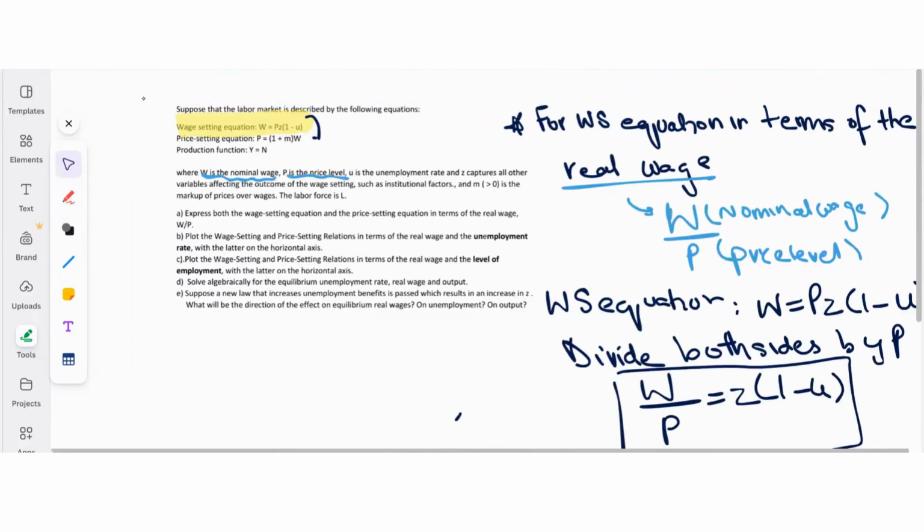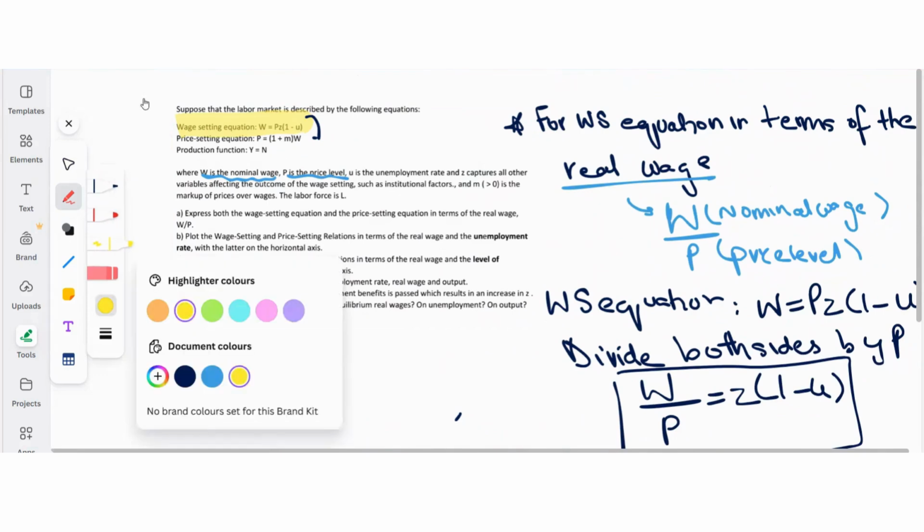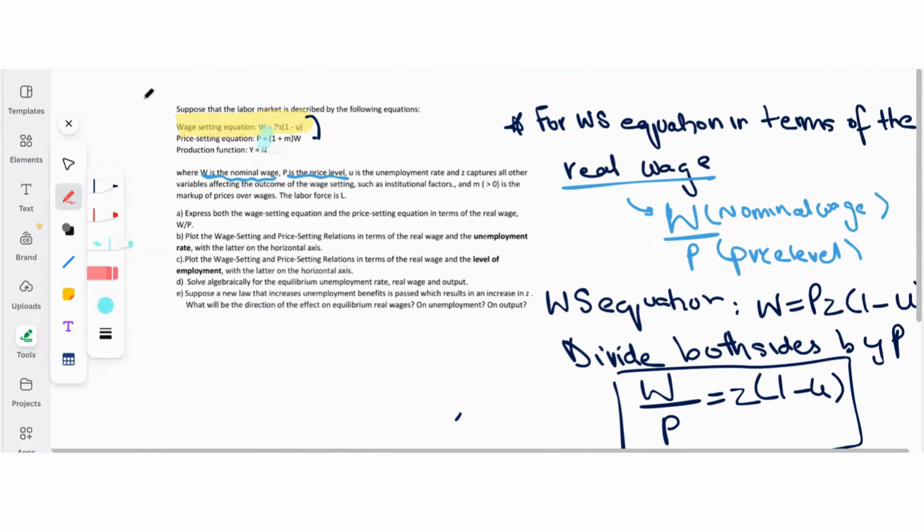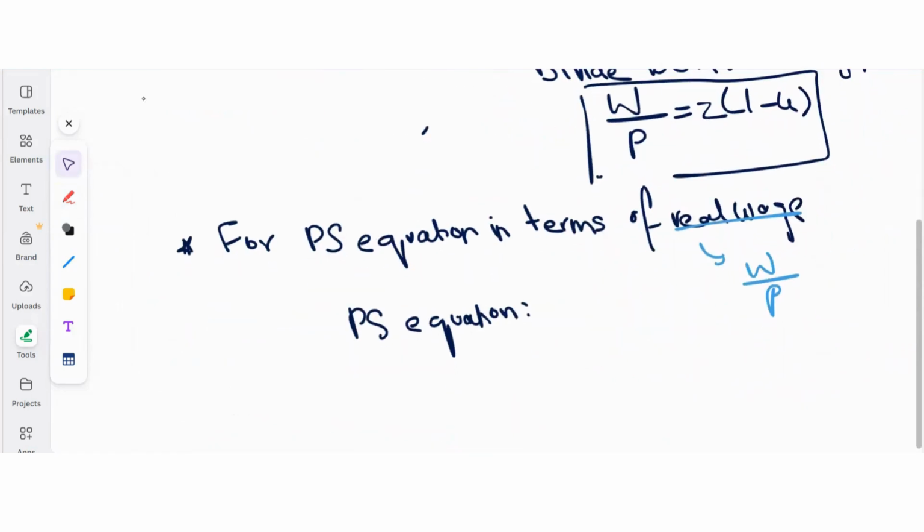If I go back up, we can see our PS equation is given to us as P is equal to (1 plus M) W. So this is our PS equation: P is equal to (1 plus M) W.